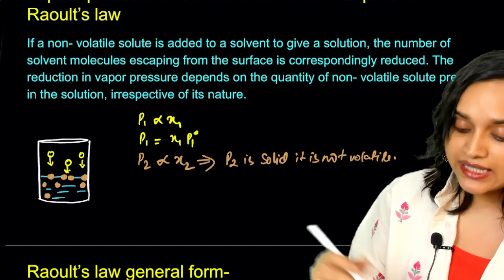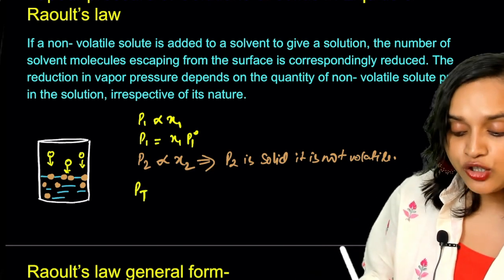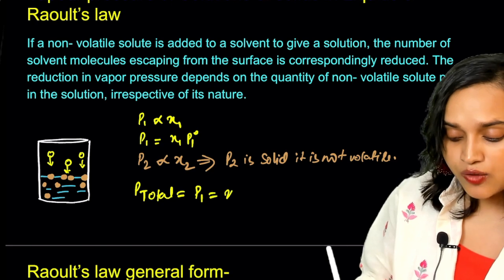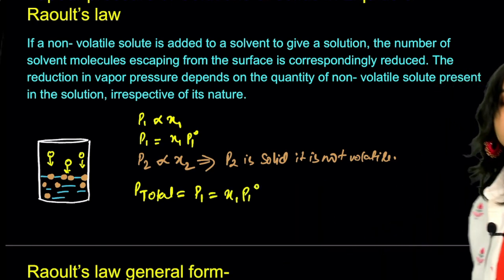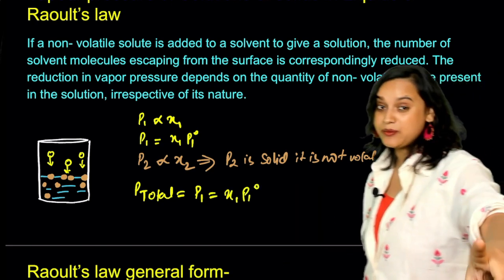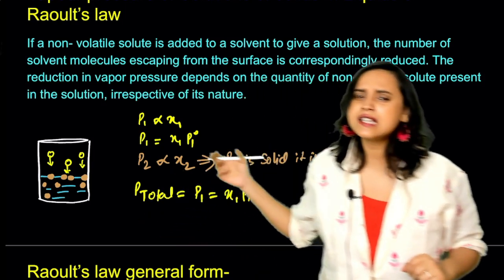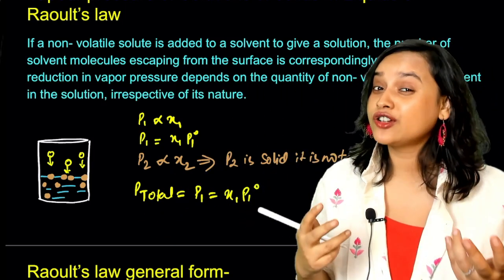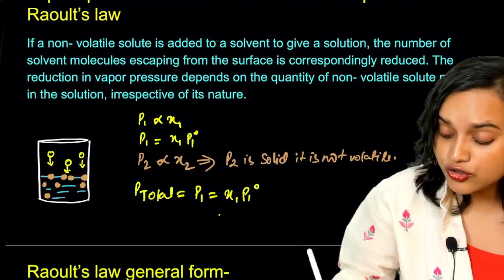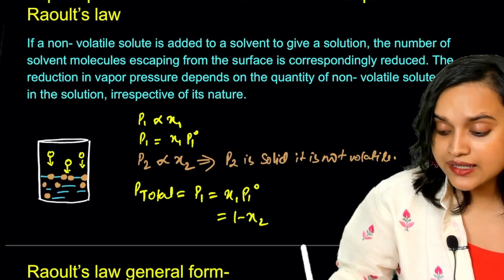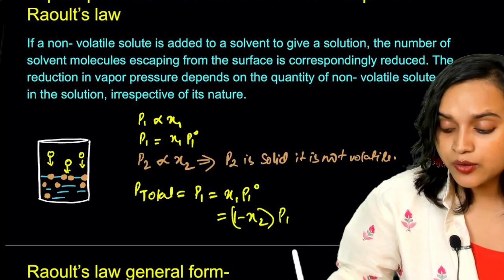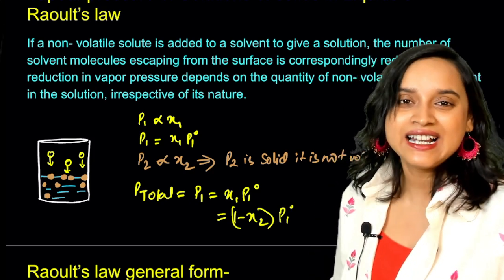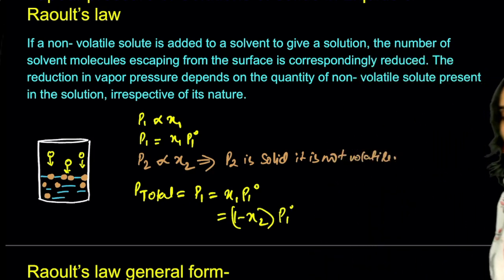That means clearly my P total is equal to P1, which is equal to chi1 multiplied by P1 naught. Is that true, everybody? Now tell me, because I have chi1, will you also be able to find the mole fraction of the second one? Yes, this can also be written as (1 minus chi2) multiplied by P1 naught. Can I not write this? I can very well write this. Is that true, everybody?